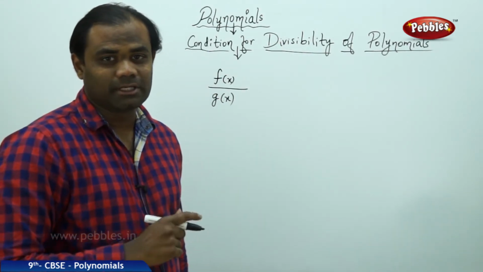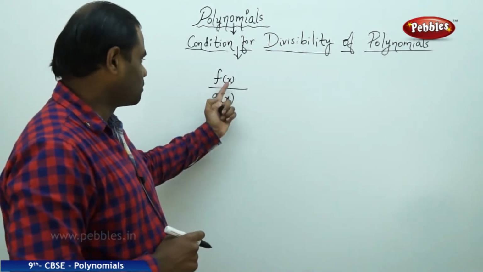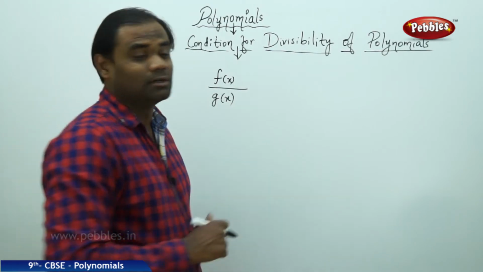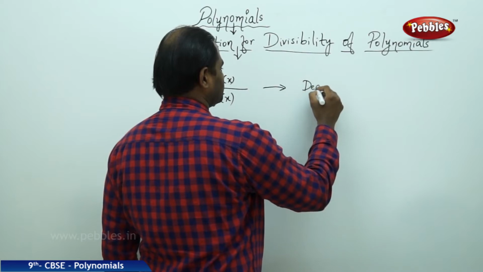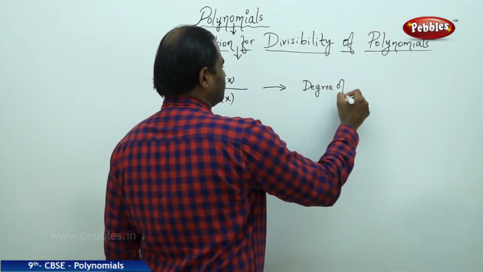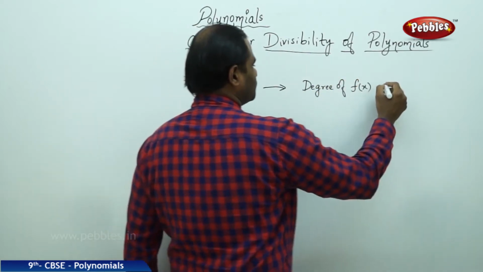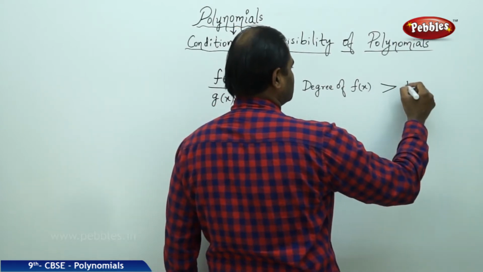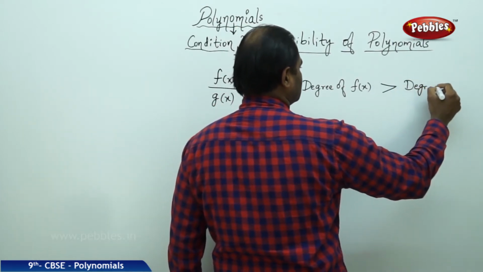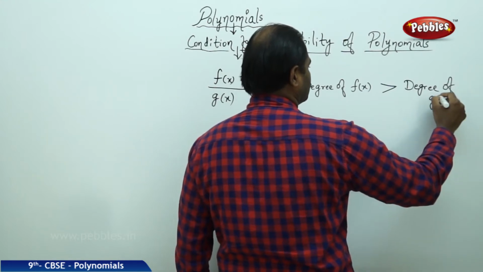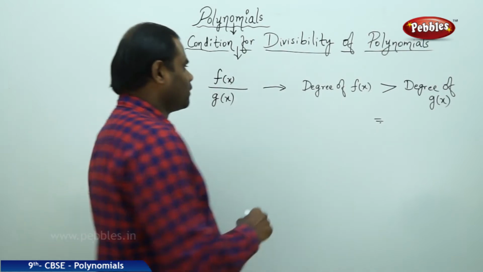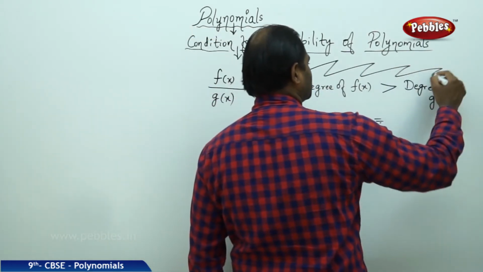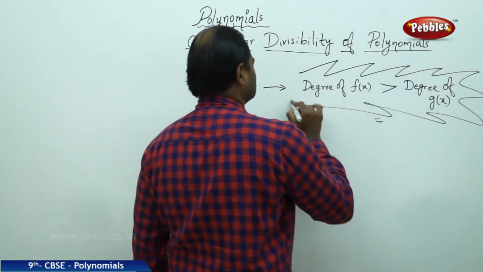Then the divisibility condition says that this polynomial can be divided by this polynomial provided the degree of f of x is greater than the degree of g of x. This is how I see the condition for existence of divisibility of two polynomials.